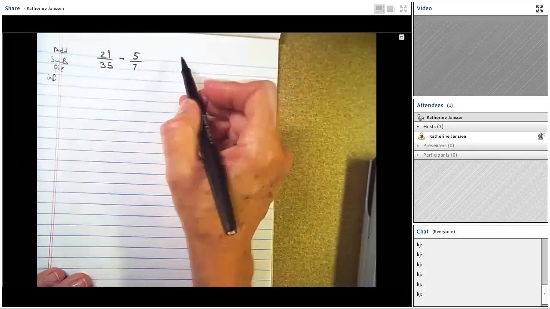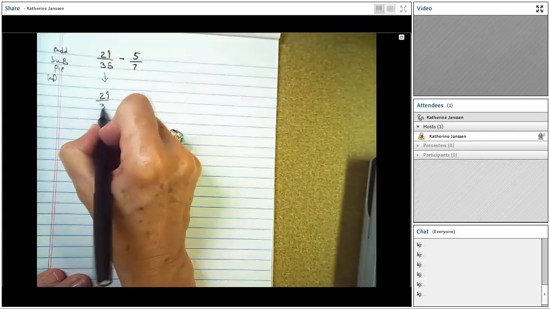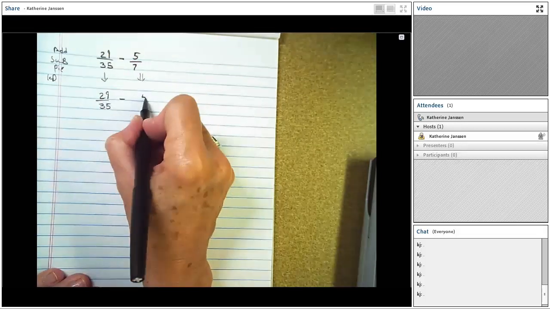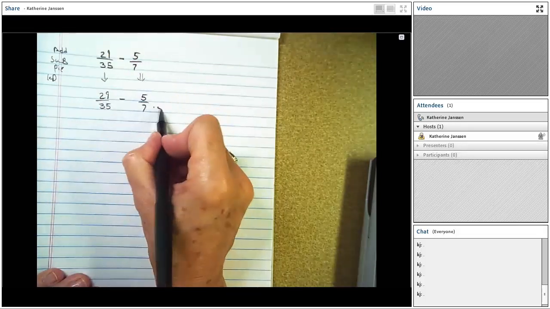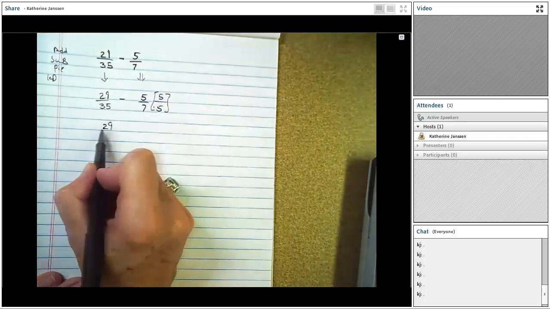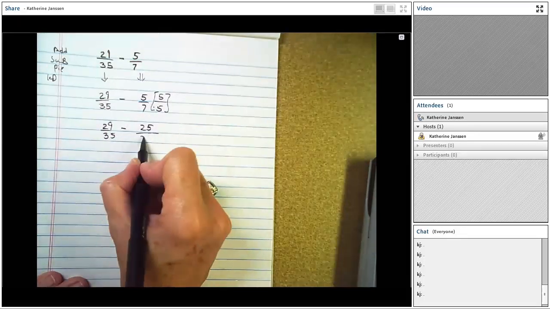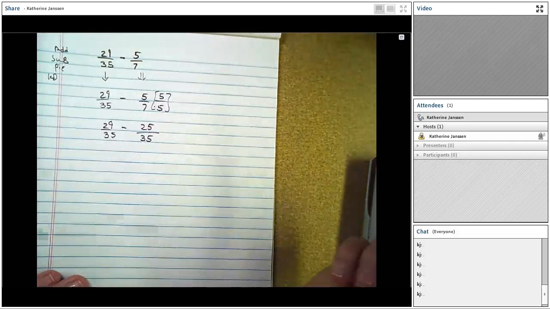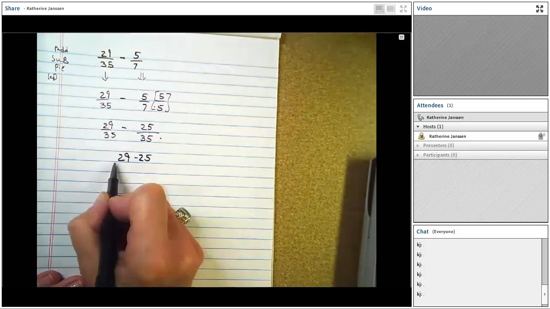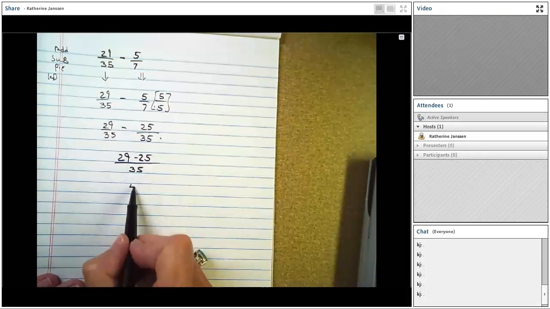Well, let's see. 7 does go into 35, so I have 29/35ths, but I need to convert sevenths to its equivalency in 35ths. So 5/7, 7 times 5 would be 35. Multiply the numerator by 5. 29/35ths minus 5 times 5 is 25, 7 times 5 is 35. Now I do have my common denominator, so I can subtract the numerators all over my common denominator and get 4/35ths.